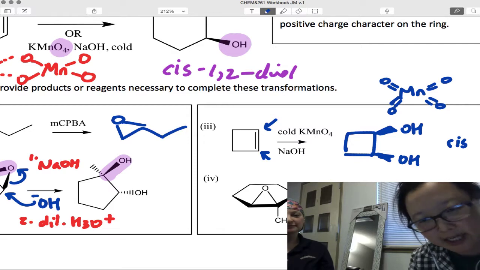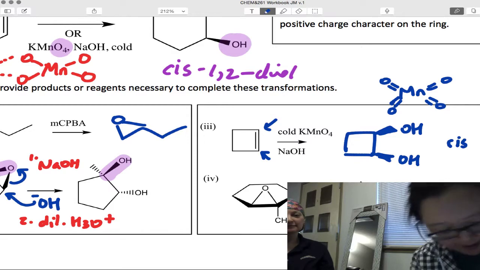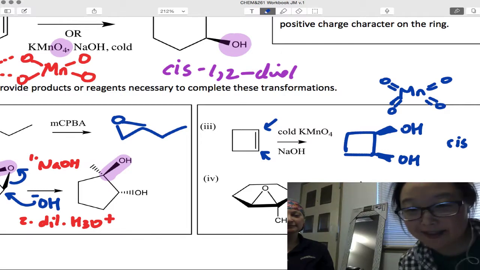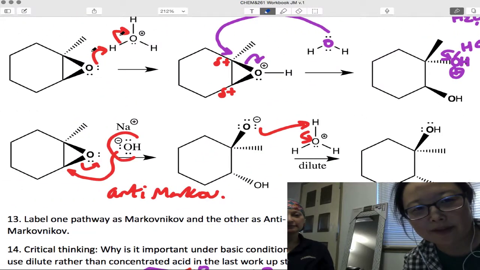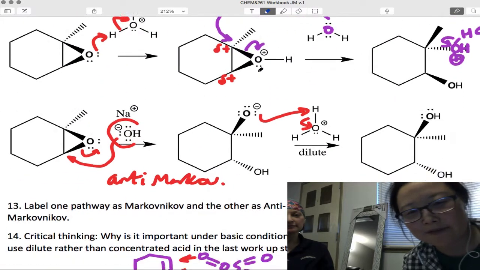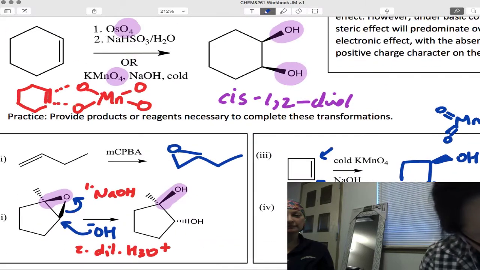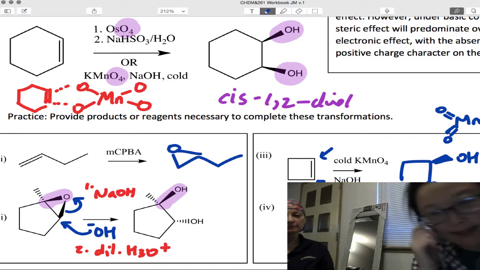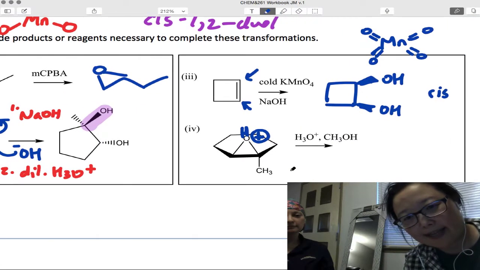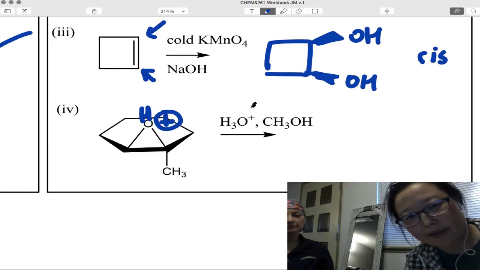And then just to change things up, I added alcohol instead of water. So in this case, I'm going to think about the first step, which was protonation of the epoxide to activate it for ring opening. So this is going to grab the H+, and then that's going to become protonated. And then after that, I'm going to think about where I'm going to attack.